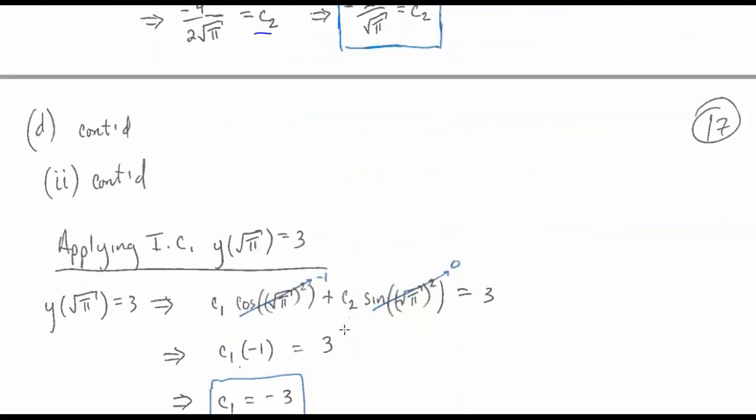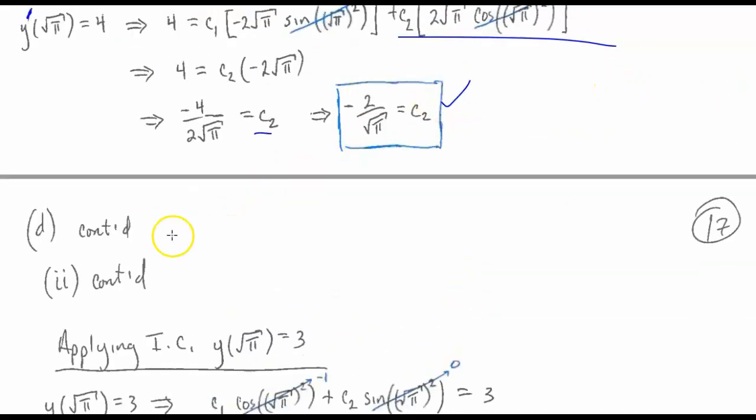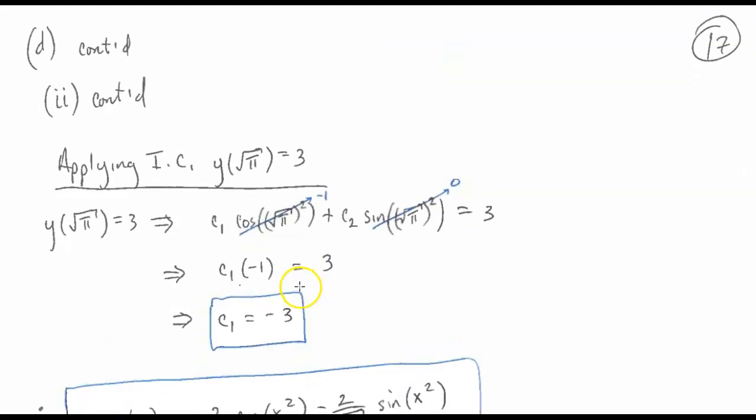If we continue on, we can use this information of what C2 is and our initial condition of y of square root of pi equal to 3 to figure out the other one. If we do it that way, we get lucky in the second term, since we have a sine of square root of pi squared, and the inside just ends up being pi.